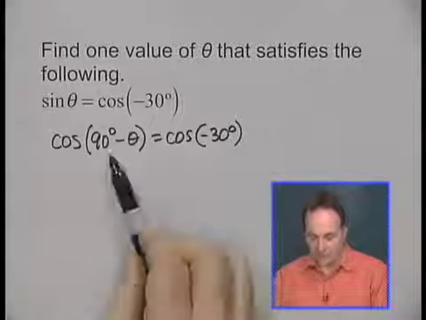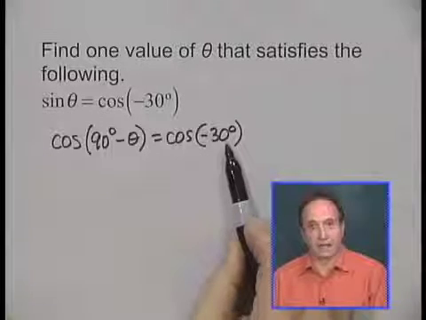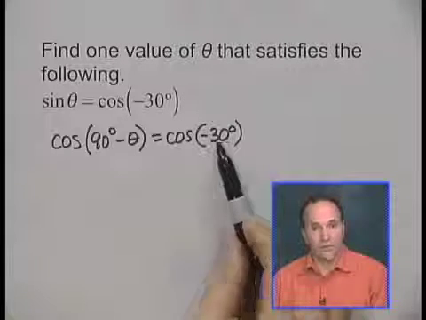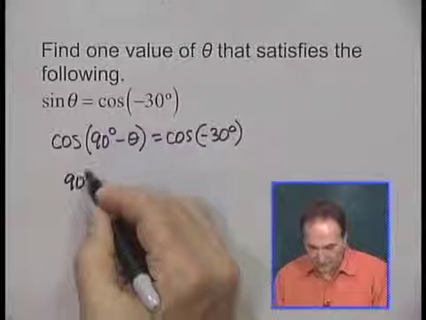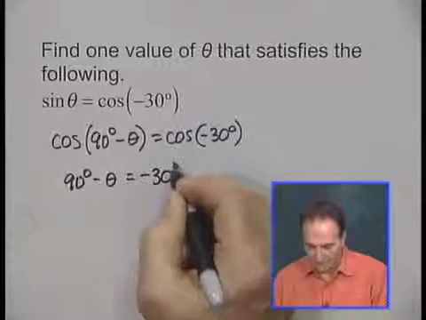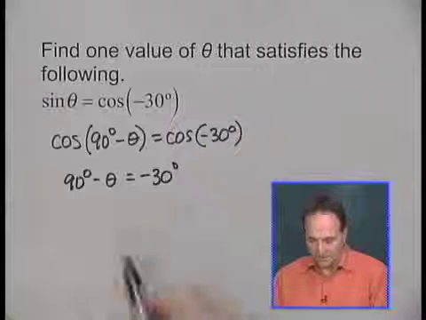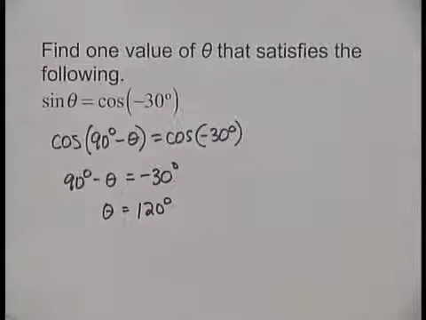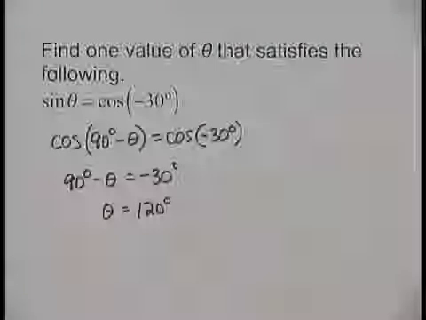But since we have the cosine of an angle equals the cosine of another angle, that means that this angle is equal to this angle. That is, 90 degrees minus theta is equal to -30 degrees. Solving for theta, we find theta is equal to 120 degrees.